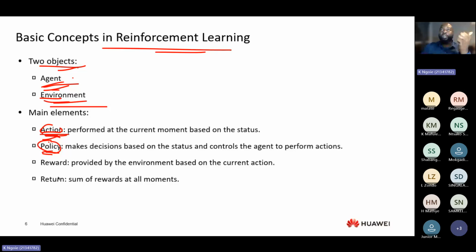And then we're going to have a reward, which the environment is going to provide to this agent based on the current action. And then we're going to return, obviously, the feedback that we have based on the reward that we're getting. So every action will give us a reward.